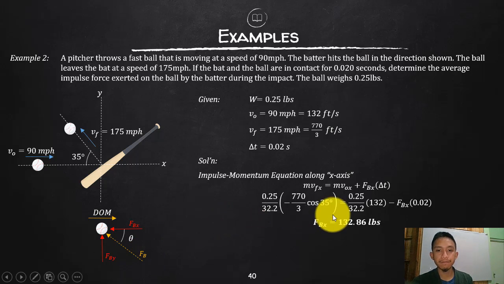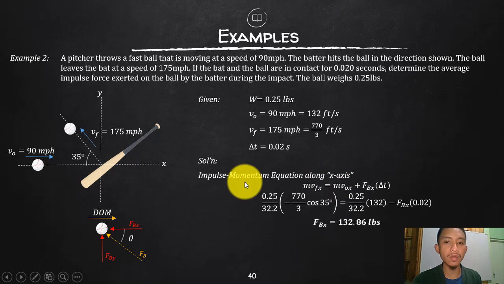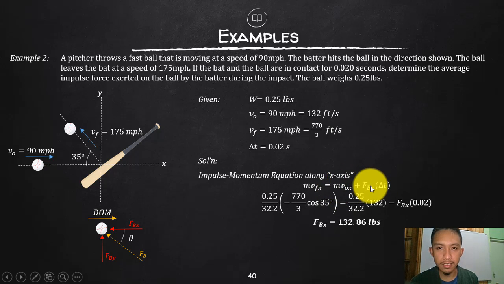So let's focus on the motion along the x-axis. We will consider the horizontal motion first. Since there is an external force applied on a body in motion, we start with the impulse-momentum equation. Final momentum is equivalent to the initial momentum plus the impulse.